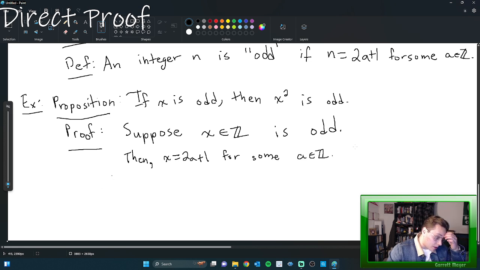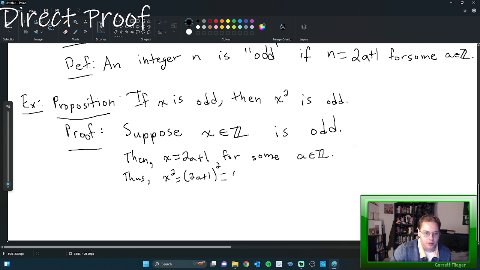And then that means that x squared equals (2a plus 1) squared. And if you remember from high school math how to FOIL these out, this will be 4a squared plus 4a plus 1. And then from there, this is where a little bit of creativity comes in. You can pull out this 2, and then we have this value in here, and this is an integer.